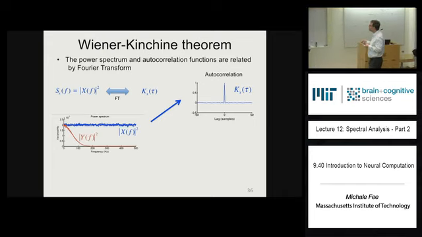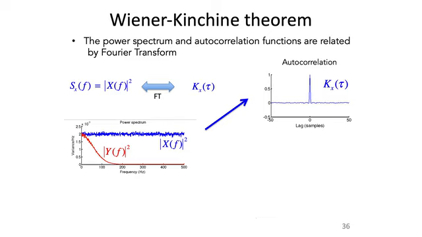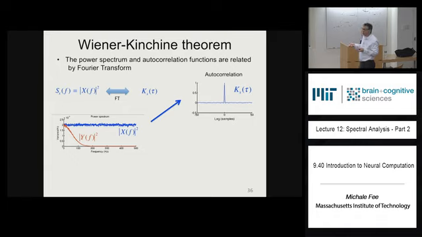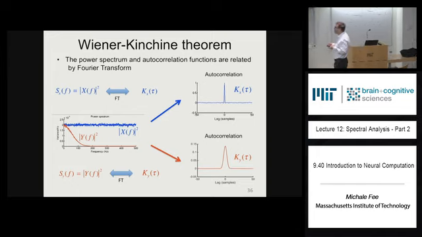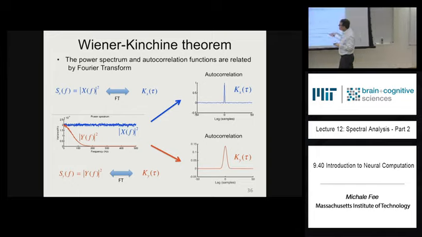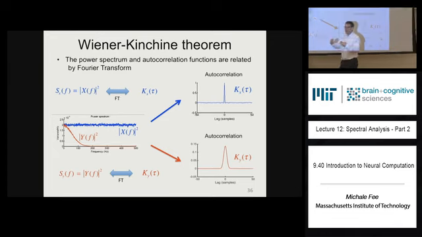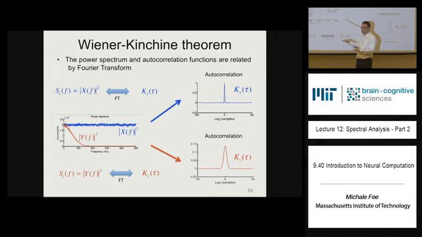And how about our smooth signal? It has a power spectrum that's a Gaussian in this case. What's the Fourier transform of a Gaussian? Okay, so if you have a signal and you have some sense of what the power spectrum is, you immediately know what the autocorrelation is. You just Fourier transform that and get the autocorrelation.